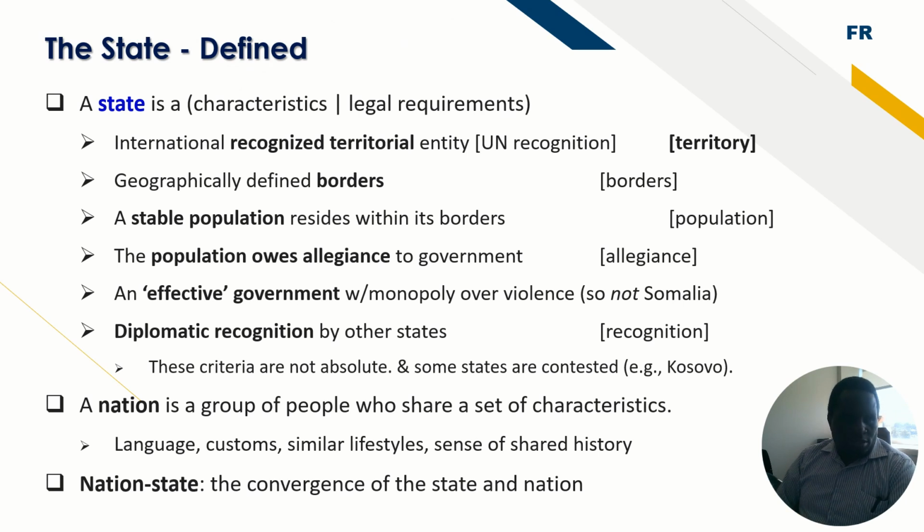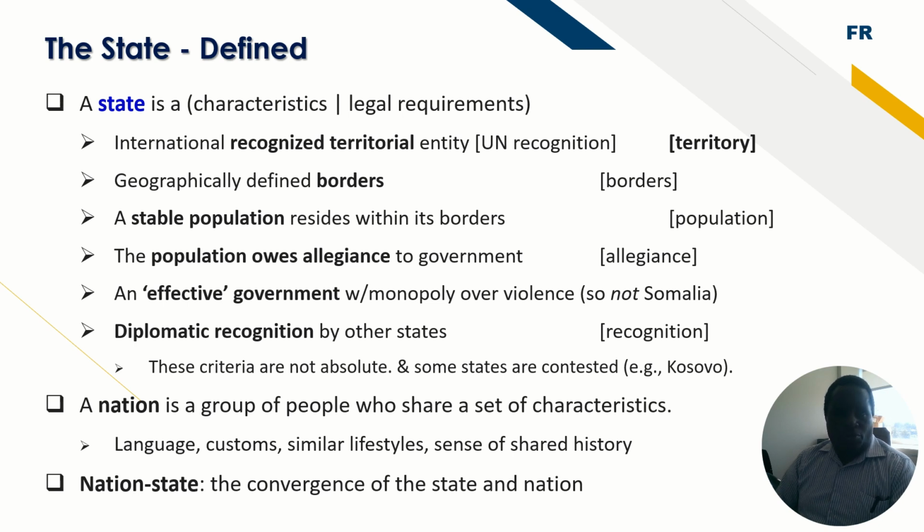So in terms of definition, the state is defined based on a number of characteristics. These include territory, so it has to have territory that is actually recognized as its own.